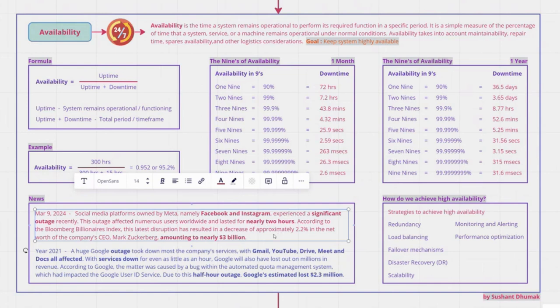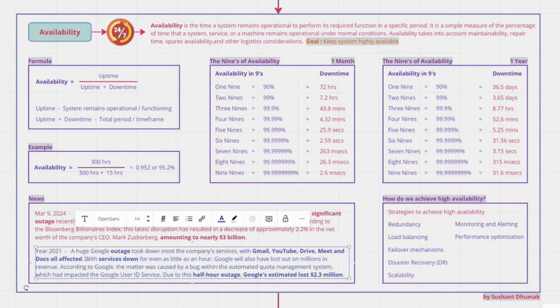Facebook, Instagram and other services were not available. According to Bloomberg, it resulted in a decrease of 2.2% in the net worth of Mark Zuckerberg, which amounts to 3 billion US dollars. Just imagine the impact of a system not being available for approximately 2 hours. That's the biggest impact to the business itself.